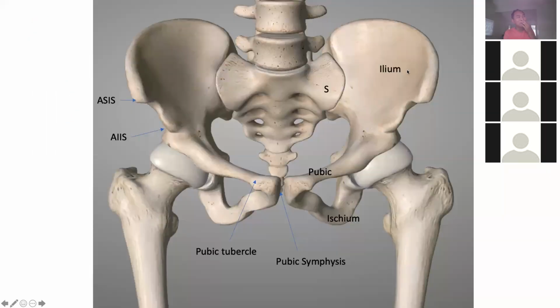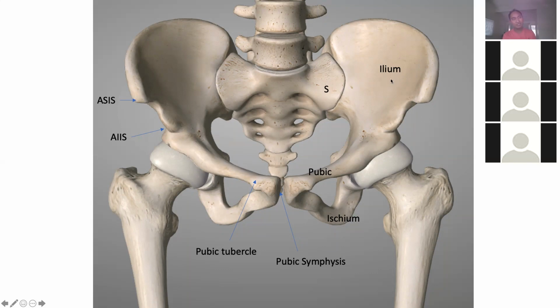Because it's bone here. So this is the pelvis, the human pelvis. The pelvis with the sacrum forms the pelvic girdle. The pelvic girdle, as you know, the flat bone on each side is called the ilium.